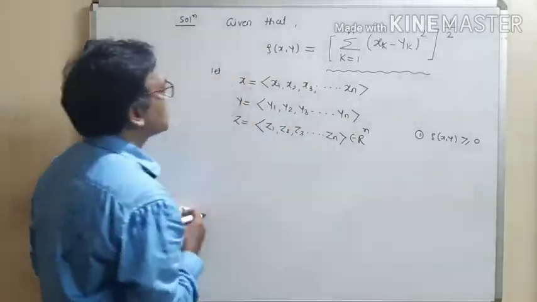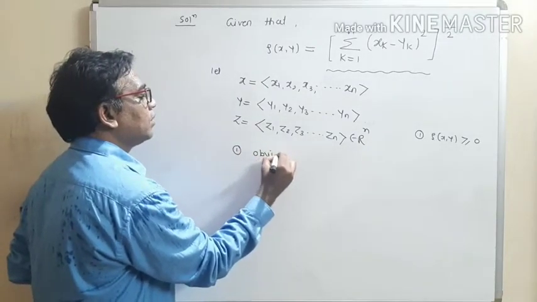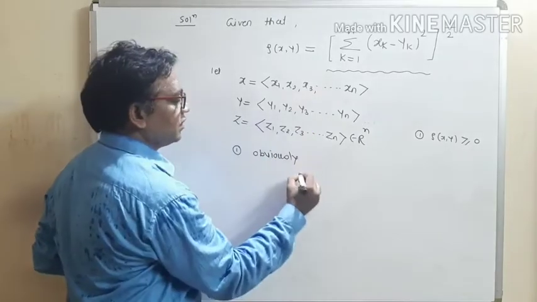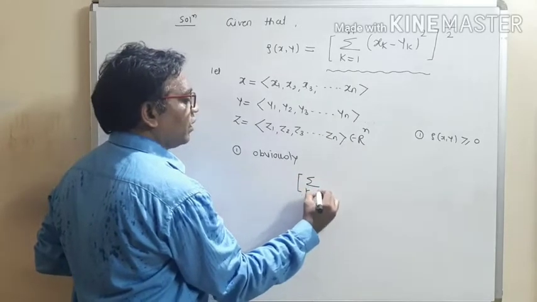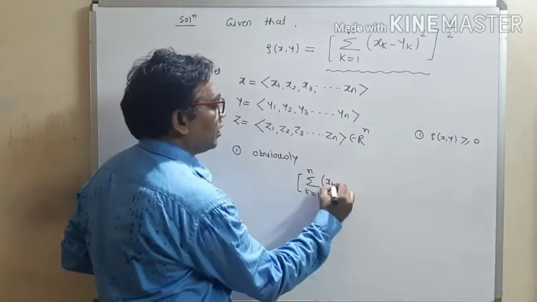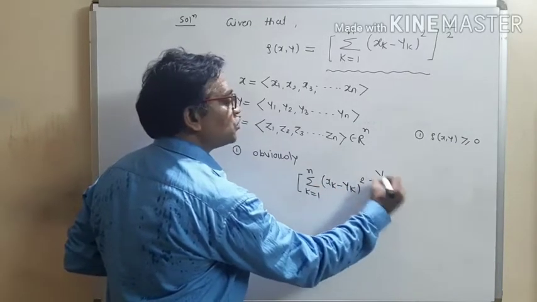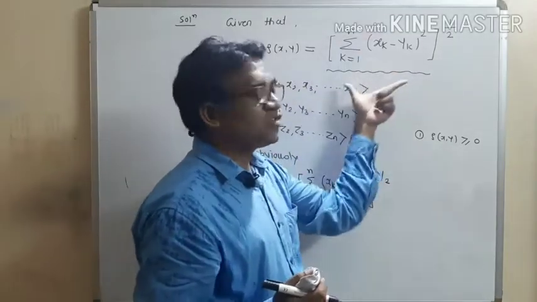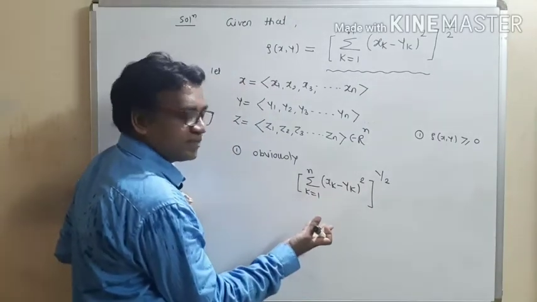So write down the first condition. So write down number 1. Obviously, so what is the obvious thing? The summation, k varies from 1 to n, of (xk minus yk) whole square, raised to 1 half. This is the value for rho xy. Rho xy is given by this quantity. And if you observe this quantity, what is this?